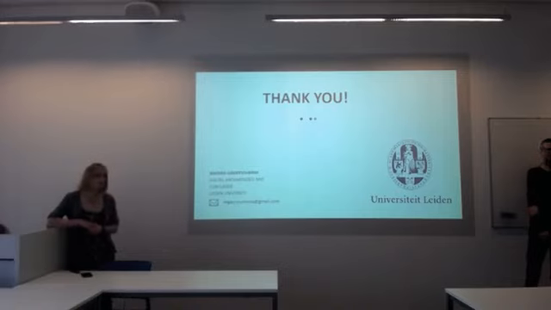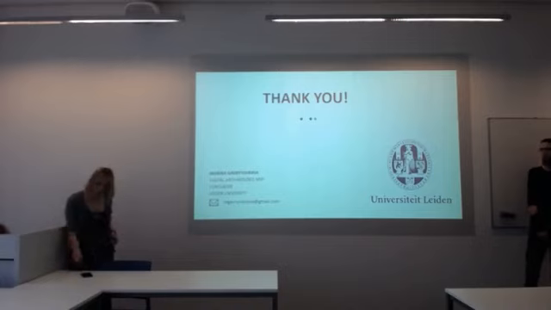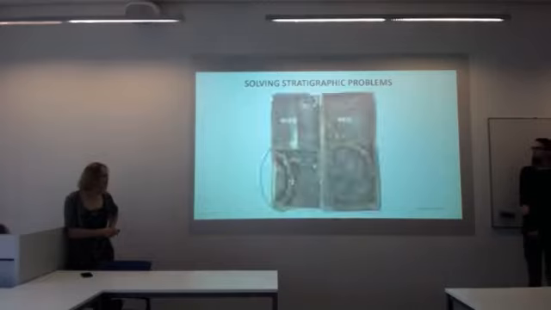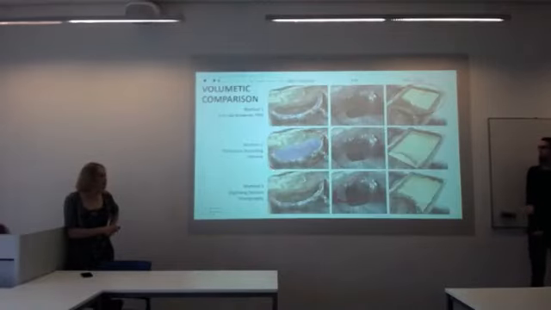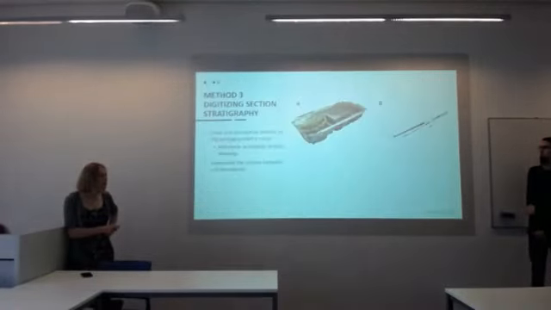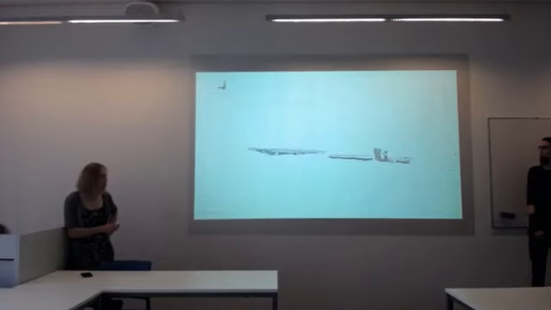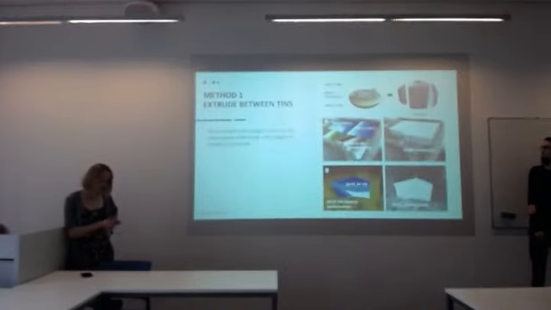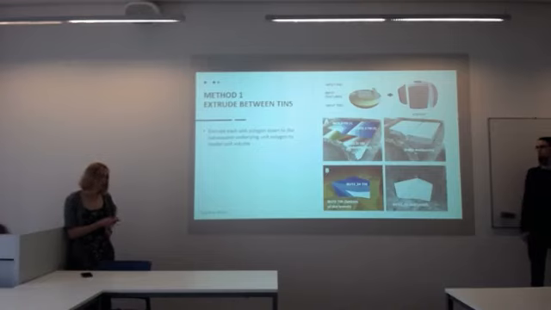Yeah, I did. So let's go back to it. The extrude between tins method, the first one, part of the reason why it took so long to model everything was because I looked at every single unit individually. For example, doing the soil layer here, I wouldn't just look at what's underneath in the 3D GIS environment.